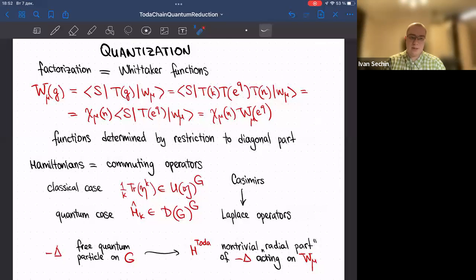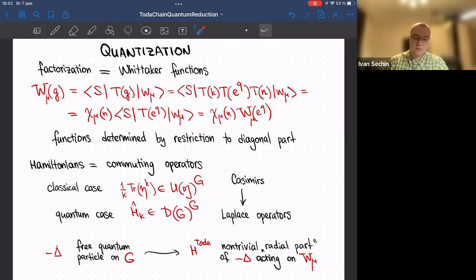Actually, Mikhail told us how, because in an irreducible representation the Casimir acts as a scalar, we have to insert it in our definition of the Whittaker function and obtain an action.